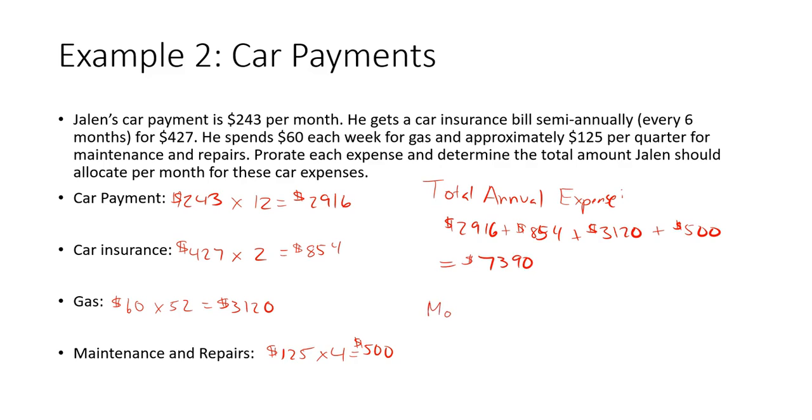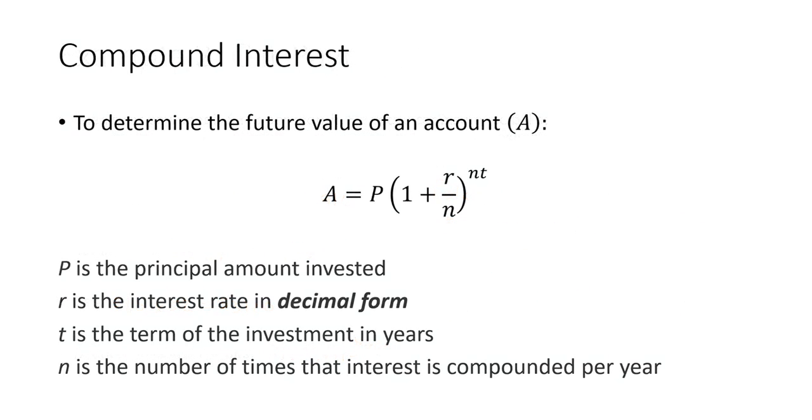To find the monthly amount that he should allocate, we're just going to take that amount, 7,390, and divide by 12. And so the total monthly amount, $615.83.